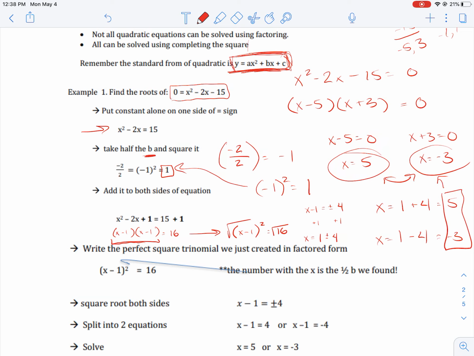So the purpose behind completing the square is so that we are able to get our roots for problems that particularly can't be factored. Now this one could be, but in most cases when you're completing the square, it's because we can't factor.